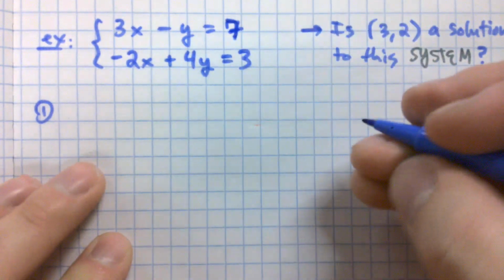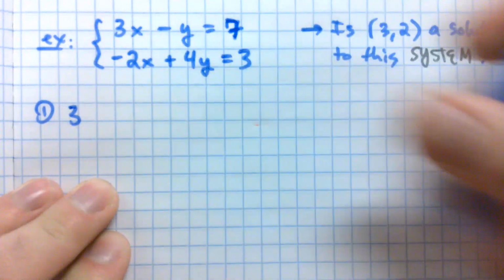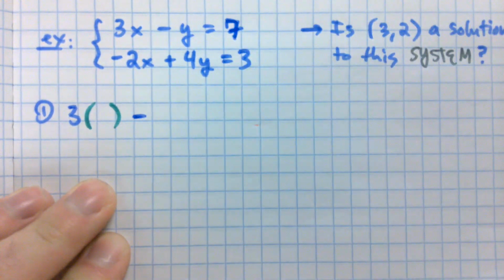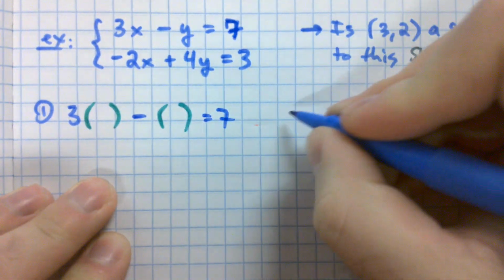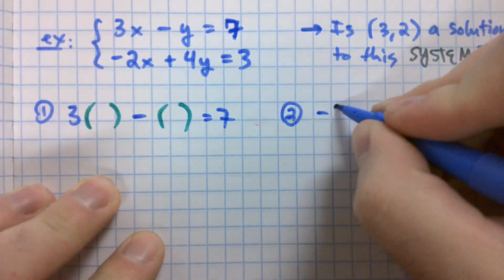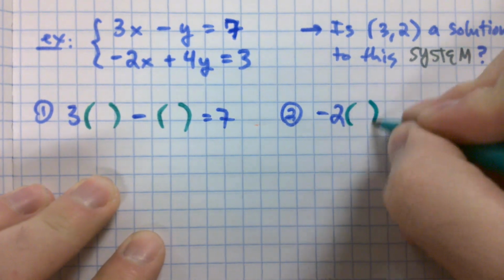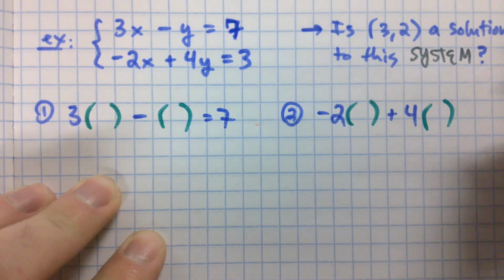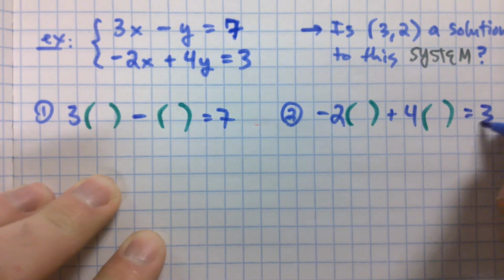I'm going to set up my two equations. 3 times x minus my y equals 7. Negative 2 times my x plus 4 times my y equals 3.